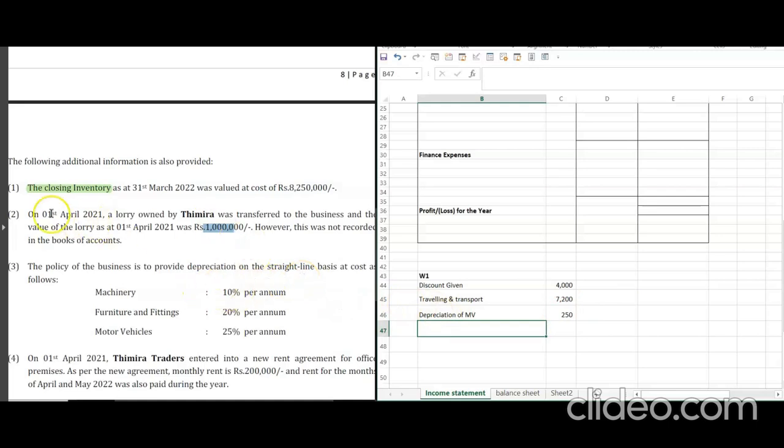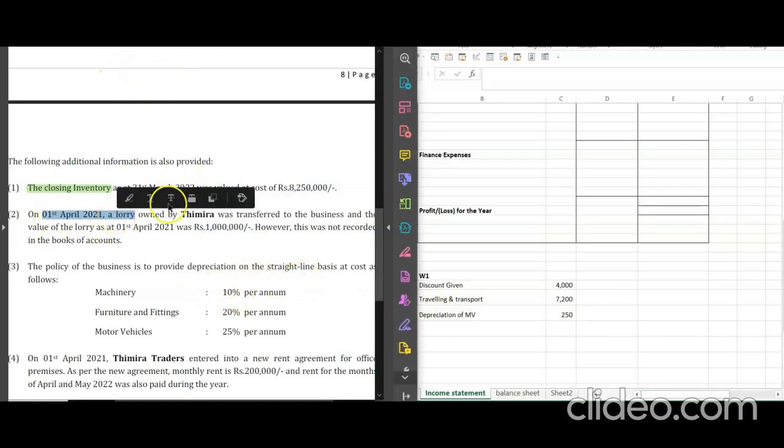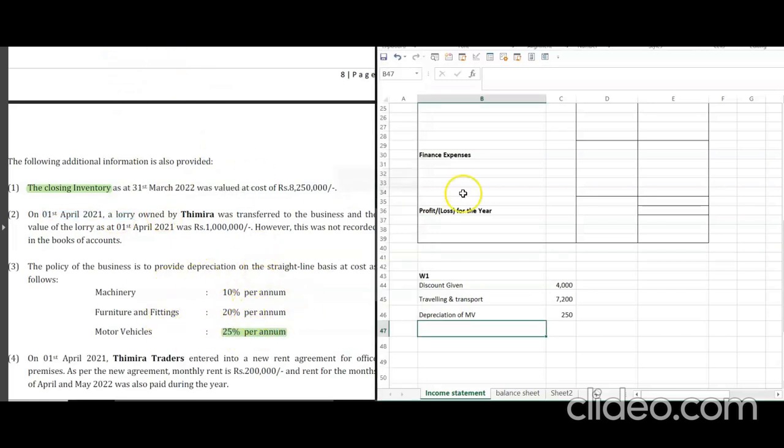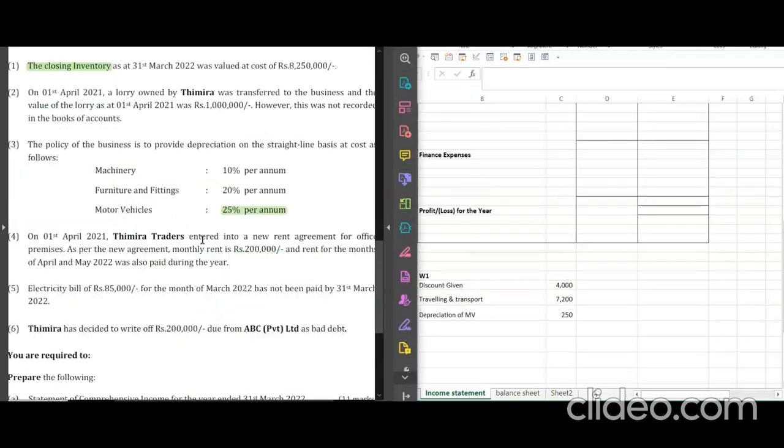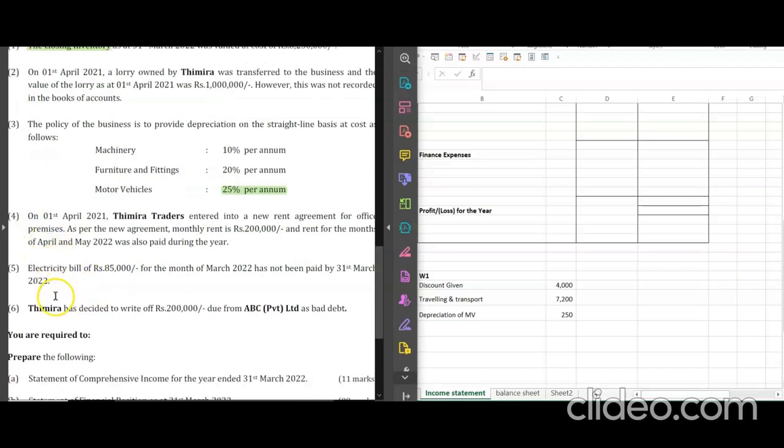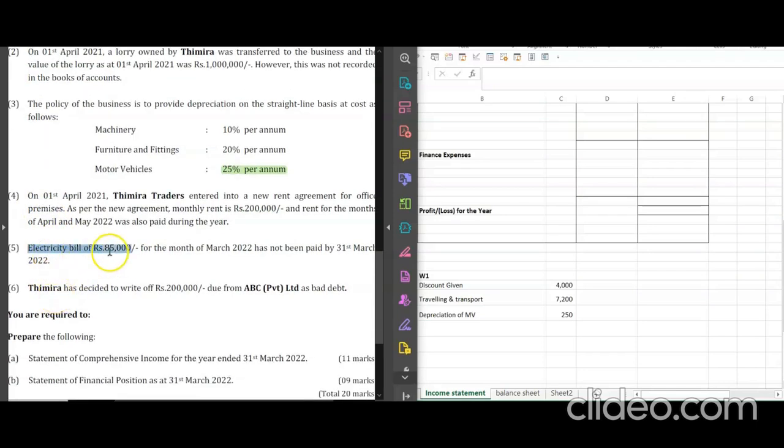Then what else can you put under distribution expenses? Can you put the monthly rent? No, you can't put monthly rent. Can you put the electricity bill? No, you can't put it. Write off.